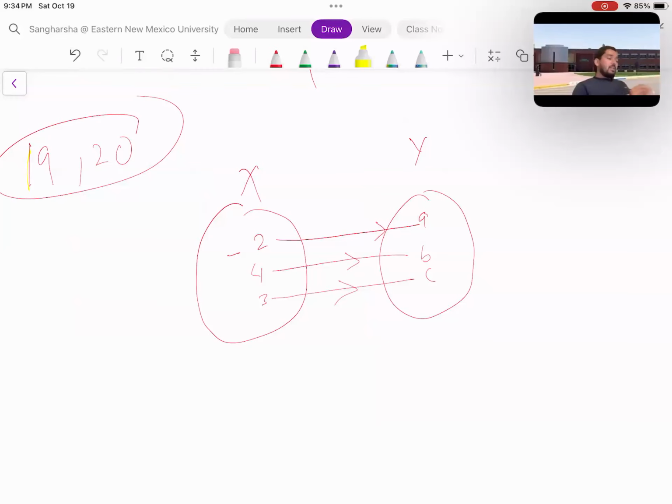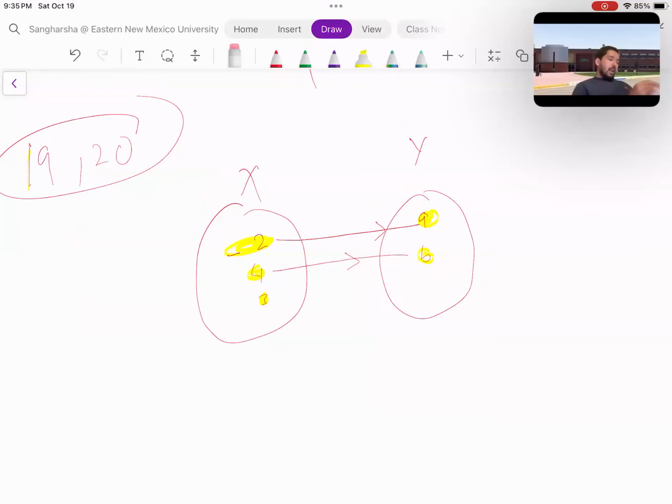Now here, -2 has its own unique output A. 4 has a unique output B, different from A. And 3 has a unique output C. If every element from your X, from your domain, has a unique output, then it is one-to-one.